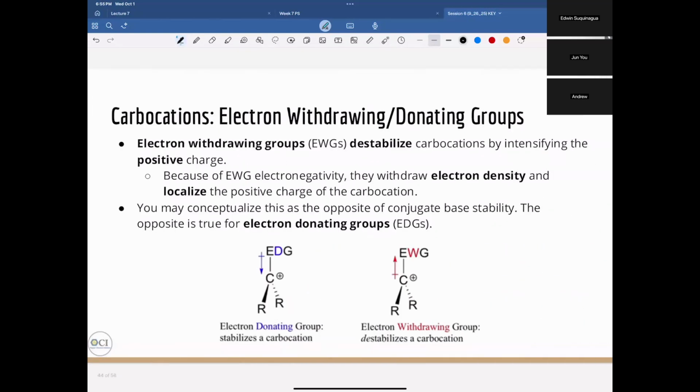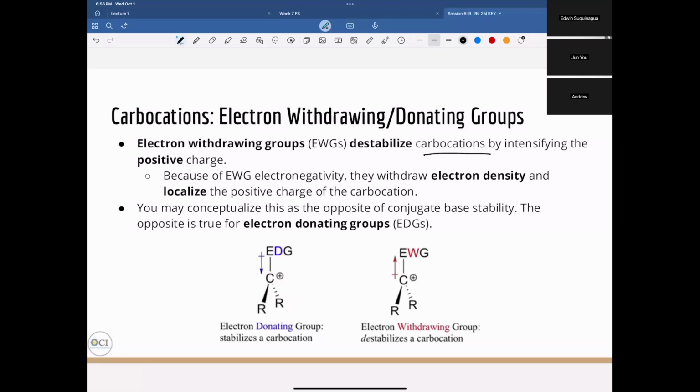All right, I think we already briefly mentioned this, but electron withdrawing and donating groups are pretty self-explanatory based on the name. Electron withdrawing groups are going to take electrons away from a carbocation. And just think about it. If we have a carbocation which is already positively charged and electron deficient, and we try to take more electrons away from it, what's that going to do?